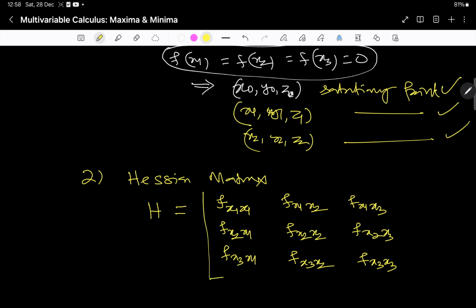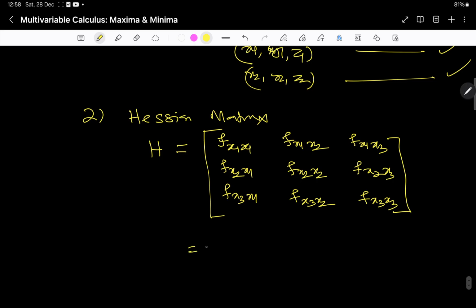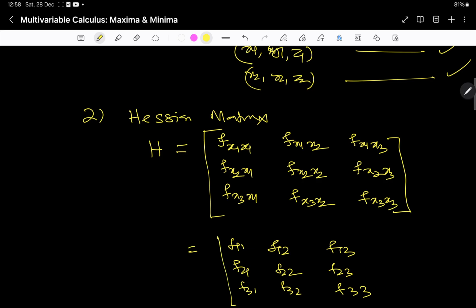Or in short I may write it f11, f12, f13, f21, f22, f23, f31, f32, f33. This is my Hessian matrix.